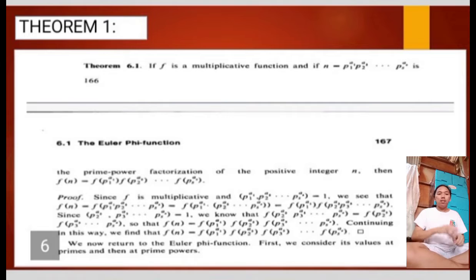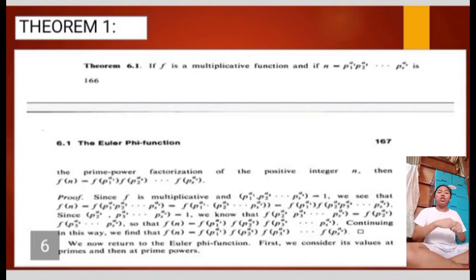Since p sub 2 raised to a sub 2 and p sub 3 raised to a sub 3 all the way to p sub s raised to a sub s are relatively prime, we know that f of p sub 2 raised to a sub 2 times p sub 3 raised to a sub 3 all the way to p sub s raised to a sub s is equal to f of p sub 2 raised to a sub 2 multiplied by f of p sub 3 raised to a sub 3 all the way to f of p sub s raised to a sub s.